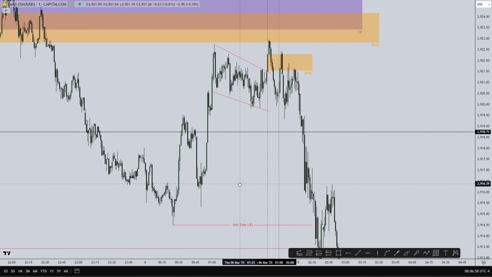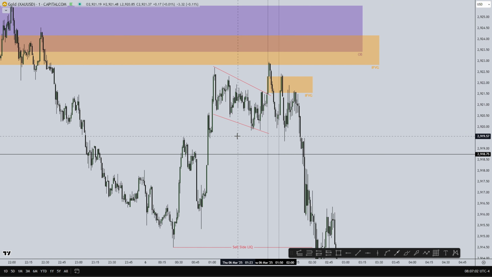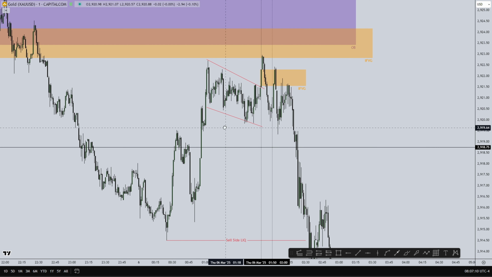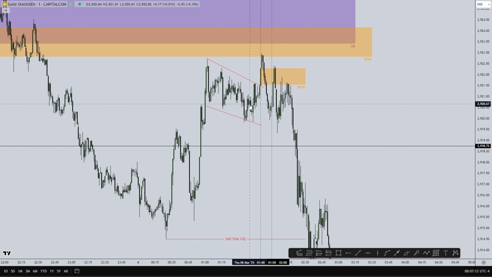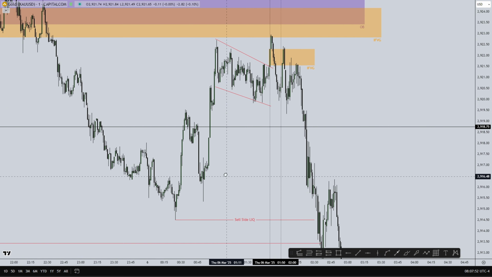Now let's discuss why the market did not respect the falling wedge, even though in many cases a pattern like this does lead to higher prices. This is a key concept that many traders misunderstand. The main reason price didn't respect this pattern lies in where the sell side liquidity was positioned.